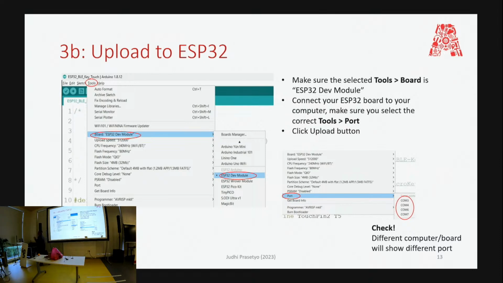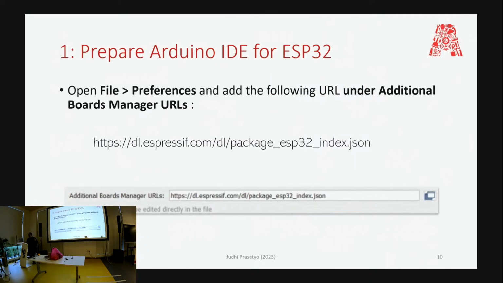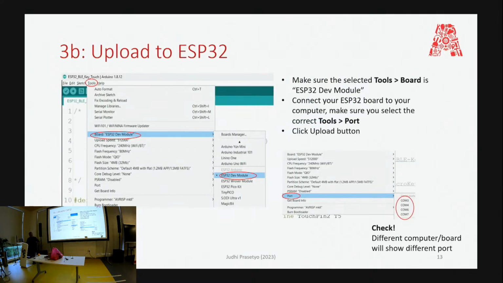If your installation of the first step was successful, you should see now there's a bunch of new boards that you can select. You see that? No? You have to be connected to the internet, of course.